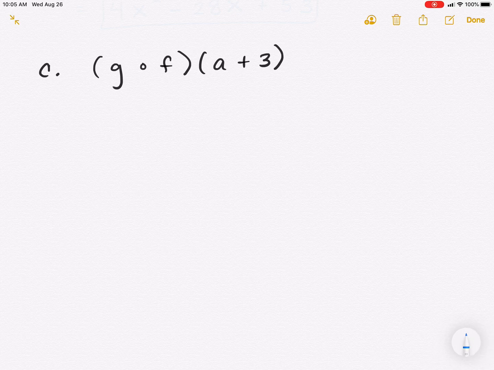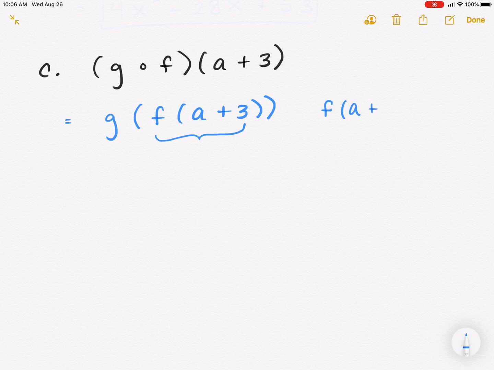First thing I want you to do, let's rewrite this with our nested parentheses using the definition. Okay, this means g of f of a plus 3. And this is what I'm going to do first. So I'm going to come over here, and for me to find f of a plus 3, I'm going to take my f function and I'm going to replace the x with an a plus 3.